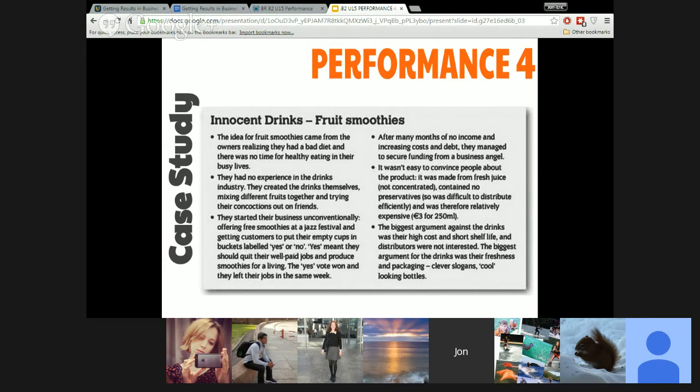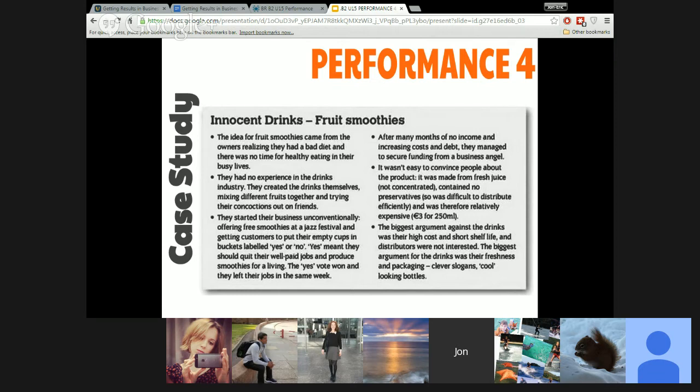So Sylvia, continue. After many months of no income and increasing costs and debts, they managed to secure funding from a business. Wait, sorry. They what? They managed. Managed?